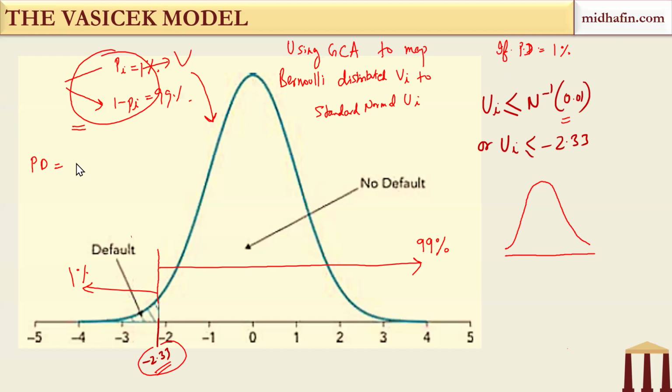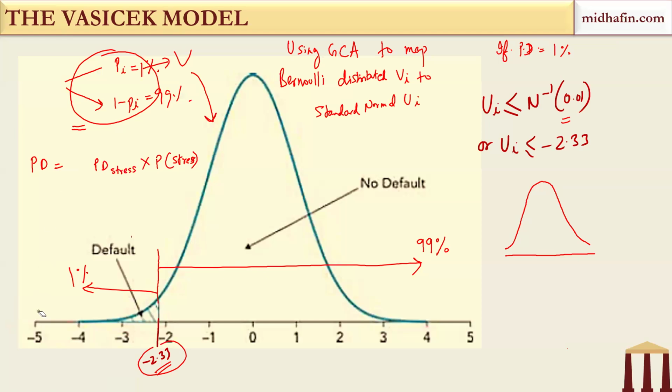So can I break this down into two parts? Can I say that this is equal to the conditional probability of default during stress multiplied by the probability of stress? You would understand that it's PD stress.